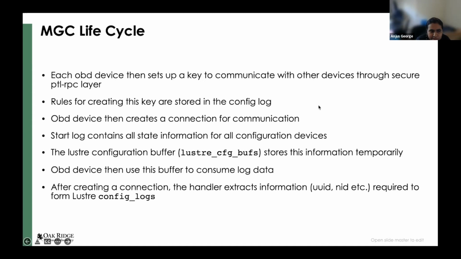The OBD device then creates a connection for communication, and the start log contains all the state information for all configuration related to devices. The Lustre configuration buffer stores this information temporarily, and the OBD device uses this buffer to consume log data. After creating a connection, the handler extracts information such as UUID and NID required to form the configuration logs.